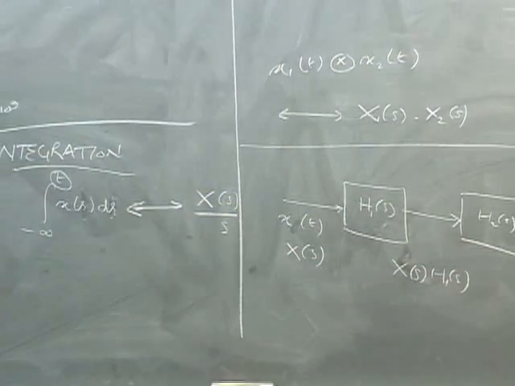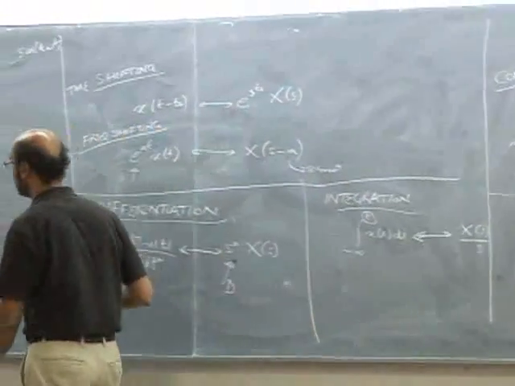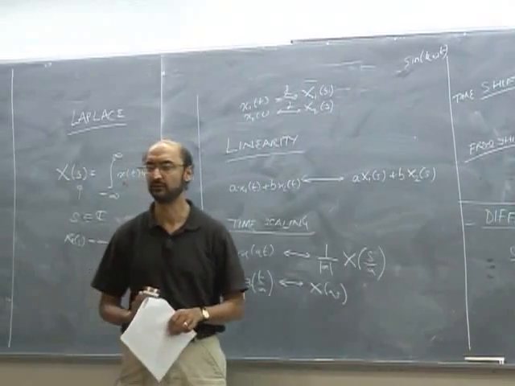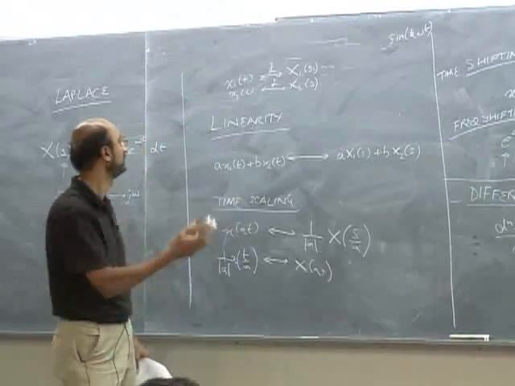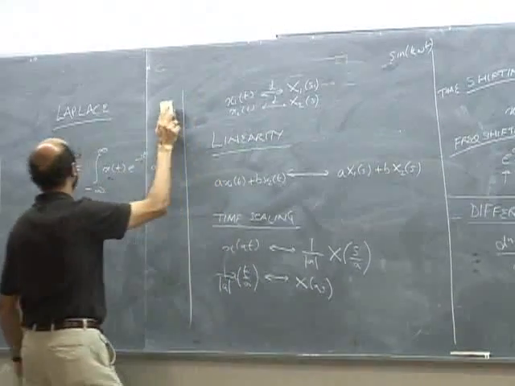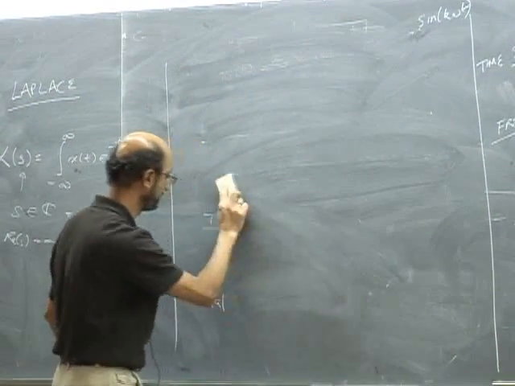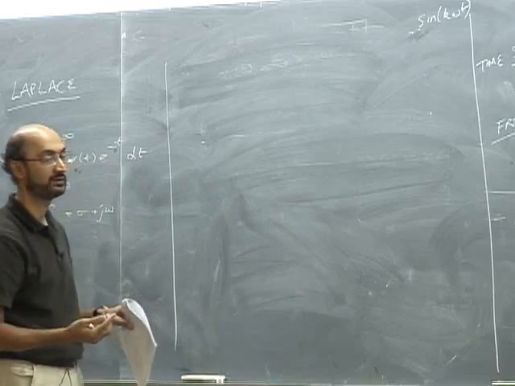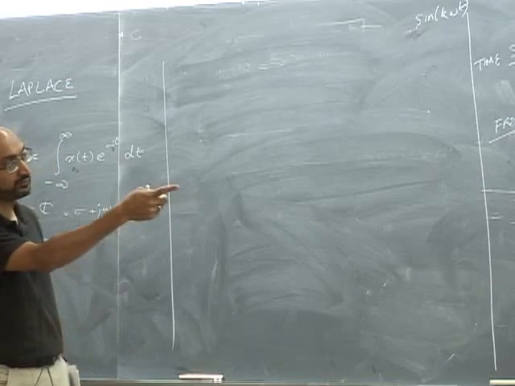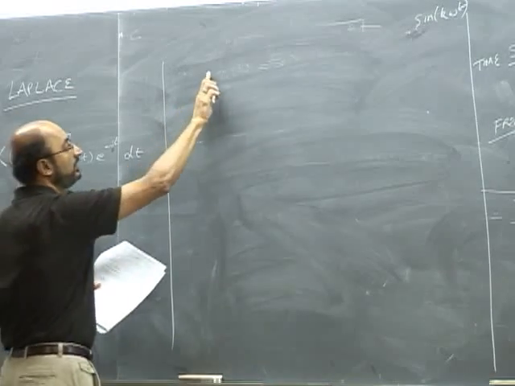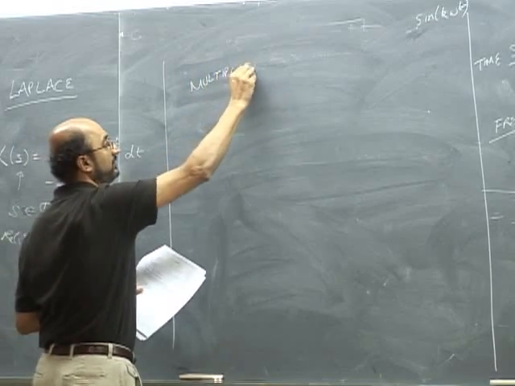Now, we don't actually have duality in the Laplace transform because of the region of convergence. In the Fourier transform there's no issue with region of convergence. In Laplace there is, so we don't get the duality property like we wanted, but we do have a property that is sort of symmetric. So time shifting, frequency shifting, differentiation, integration, convolution in the time domain, and we can do the opposite, which is multiplication in the time domain becomes convolution in the frequency domain.